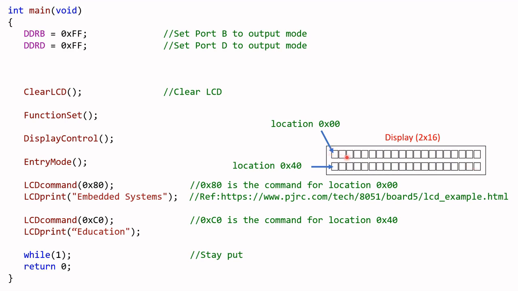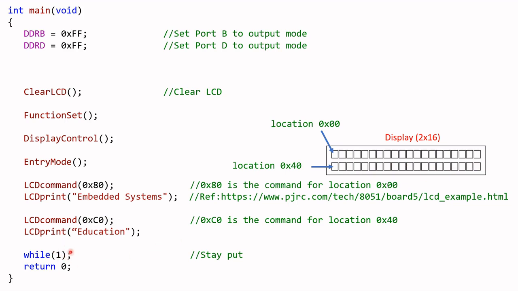So let me repeat, you need 80 hexa for the first line, a command code to prepare it to display the characters. And for this start location 40, you need C0 command code to prepare it to display the rest of the characters.